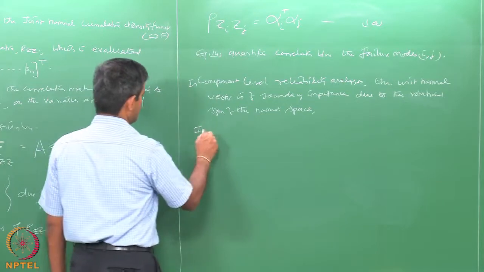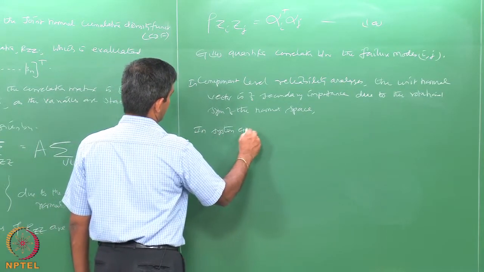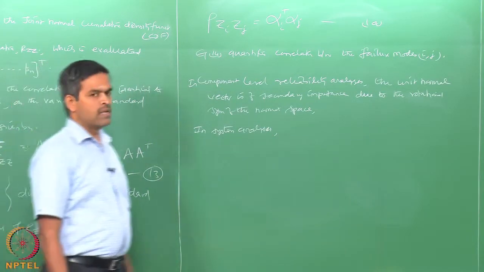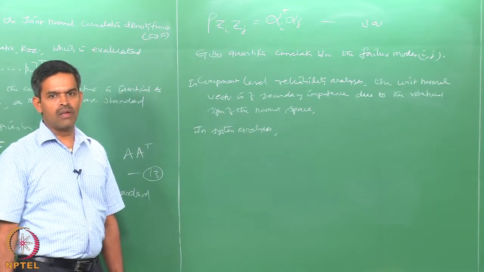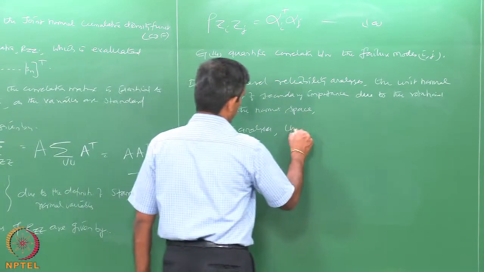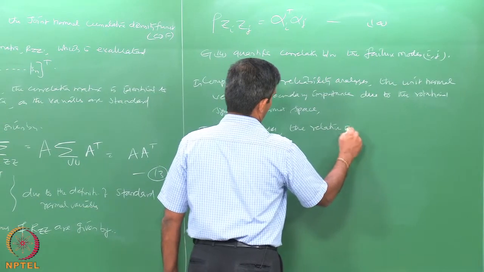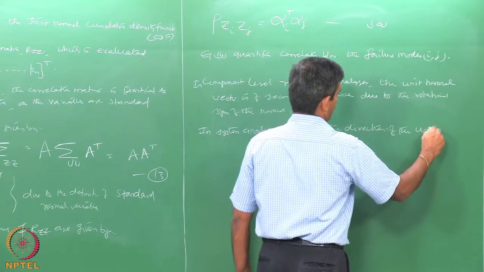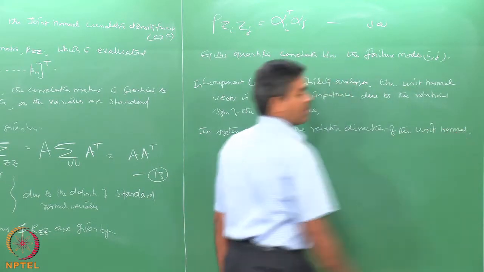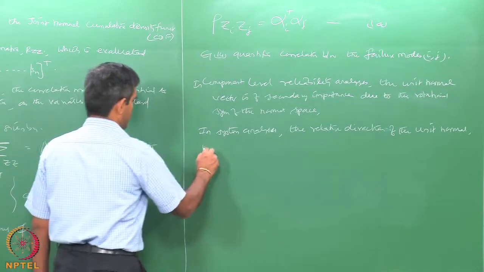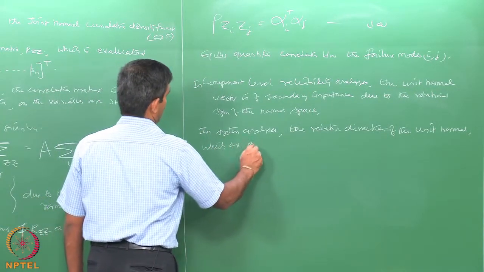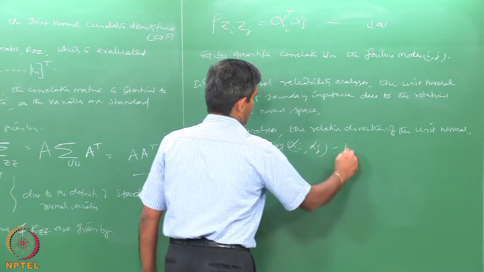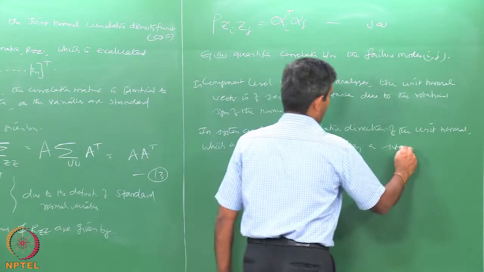In system analysis, you will see that the relative directions of the unit normals, which are given by alpha i and alpha j, play a significant role.